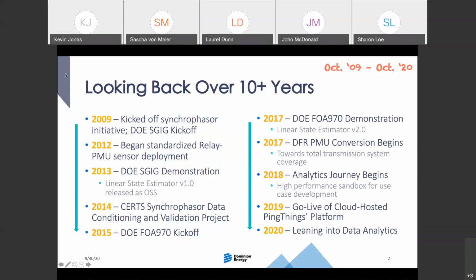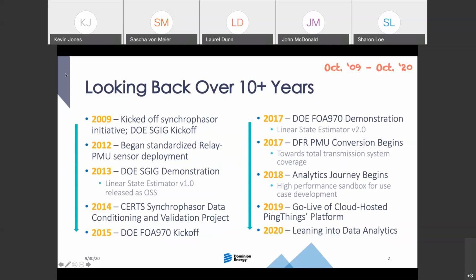But in terms of Dominion, there's a few key points I'll make before we get into some of the details. One is the DOE was really, really helpful in catalyzing our work with synchrophasors at Dominion. The second thing is we've got a lot of PMUs.